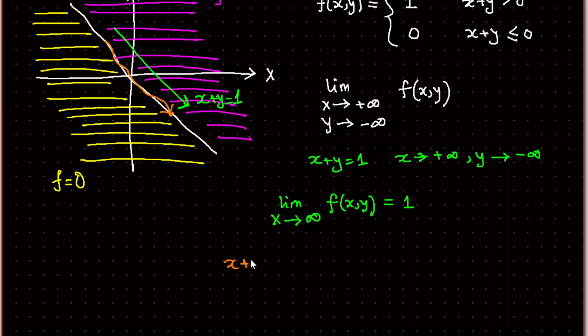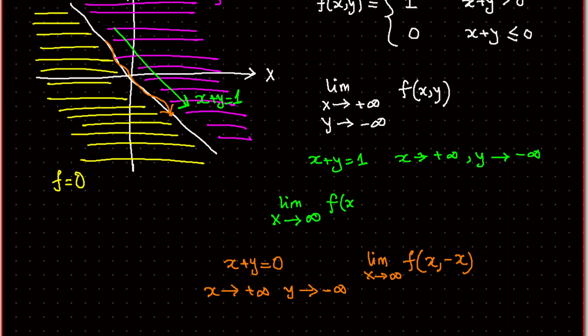So if you take this condition x plus y equal to 0, again if x goes to positive infinity, y will go to negative infinity, right? So again limit x going to infinity f of x comma y, or to be more precise, f of x comma negative x.